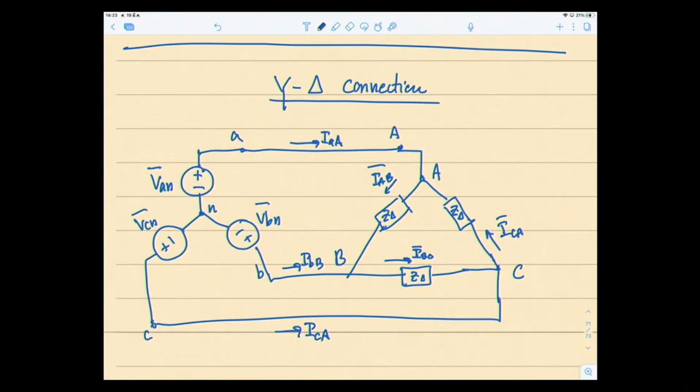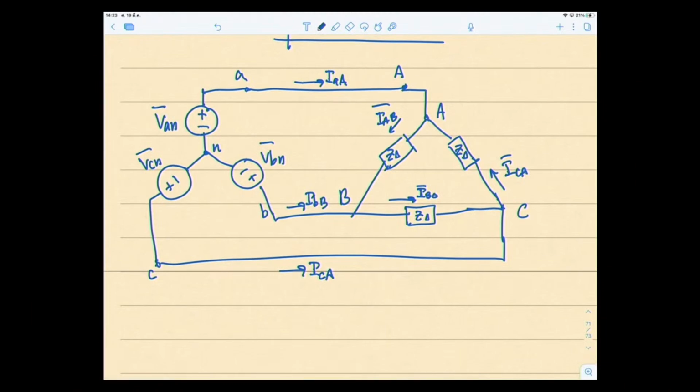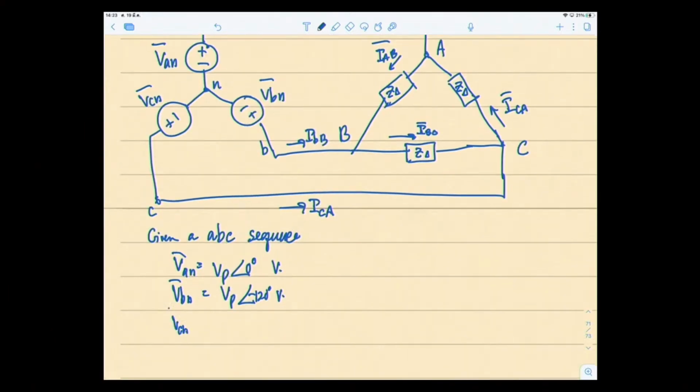Okay, so most of the time it's always given just your source, given an ABC sequence again. ABC sequence, so therefore, VAN is equal to V phase 0 degrees volt, VBN is equal to V phase minus 120 degrees volt, and VCN is equal to V phase positive 120 degrees volt.